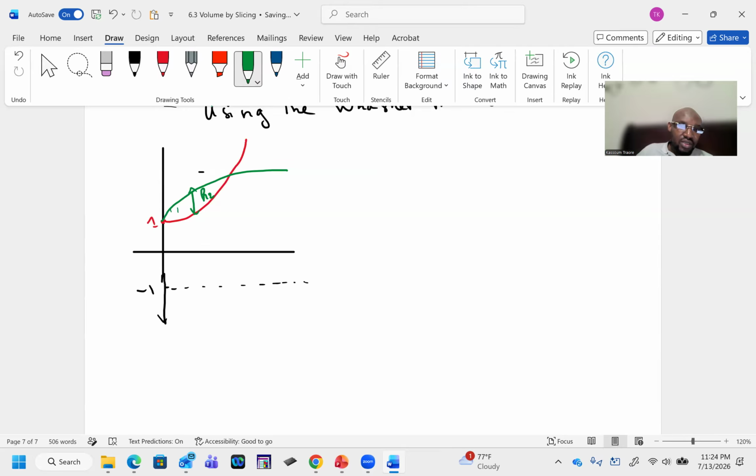The outer would be what? Square root of x plus 2 in this case. So the outer radius would be square root of x plus 2.